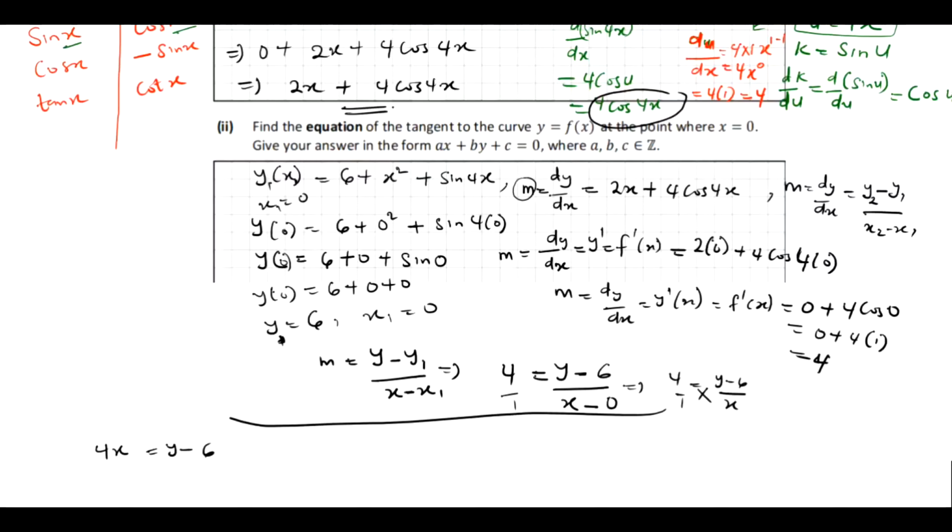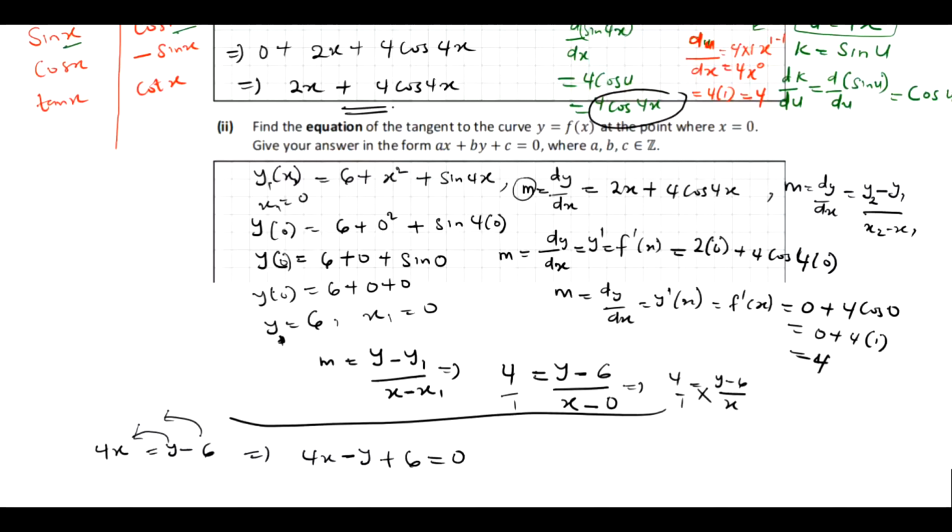If I write it in this expression, you carry this one thing and also carry this one thing. So it would be 4x minus y plus 6 equal to 0.